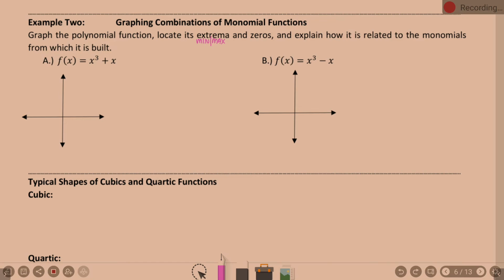What are zeros? Where it crosses the x-axis, so your x-intercepts. Those words are in your brain somewhere. You just got to pull them out from the back, dust them off. I've taught you those words before. Not saying you remember them.